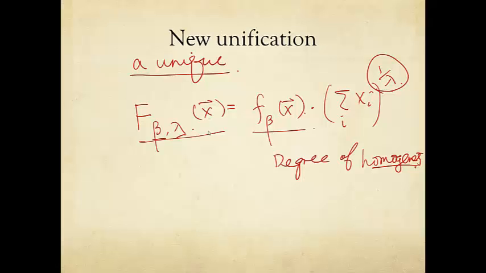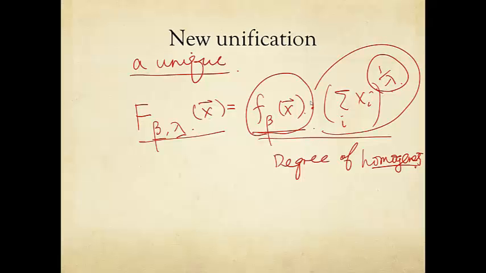So I'm skipping 2 things. A, I'm skipping the set of 4 axioms, and B, I'm skipping the derivation that says there's actually a unique family of functions that can satisfy all the 4 axioms, which so happens to be expressible in this kind of form. That rings a bell, since this is what we already have seen, and this is a component that also looks familiar given the discussion we just had about the alpha fair utility function.